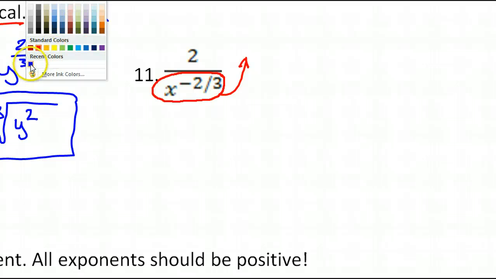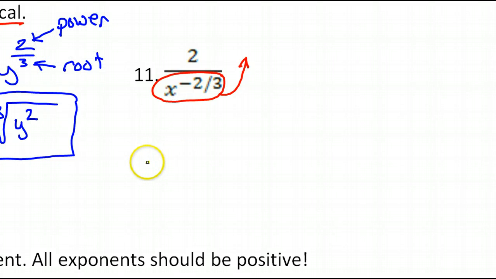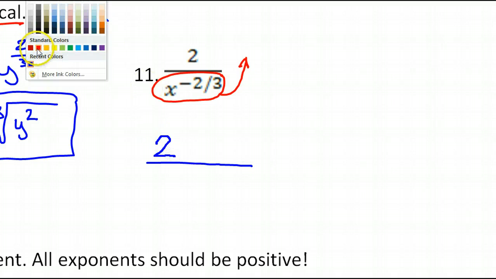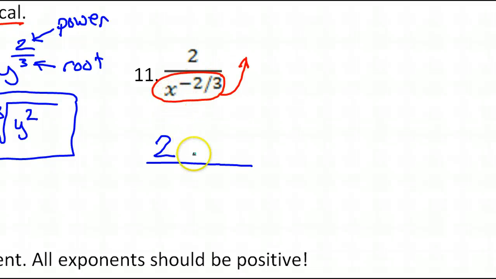So on the next step, remember I had a fraction like this, right? The 2 was up there just chilling. Now this x comes up and becomes x to the positive 2/3 power. Now since there's nothing here in the bottom, I don't need to put anything. So far I just have this 2x to the 2/3 power.